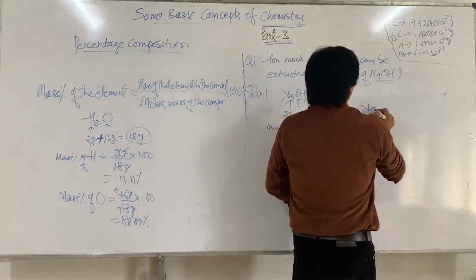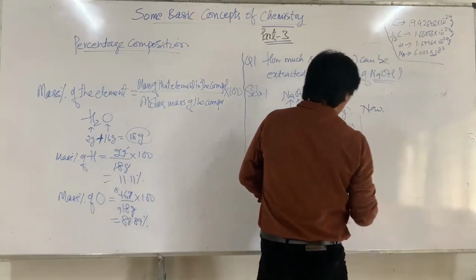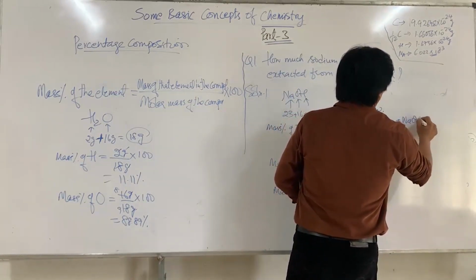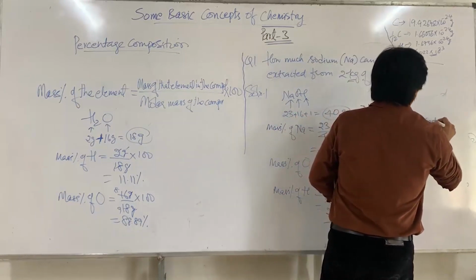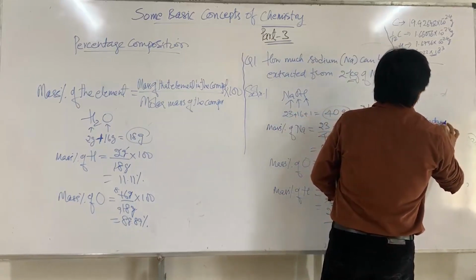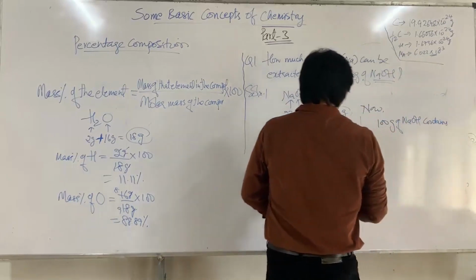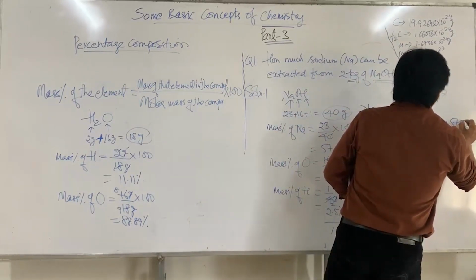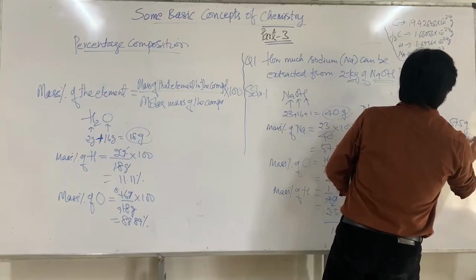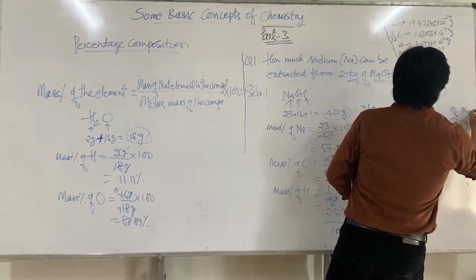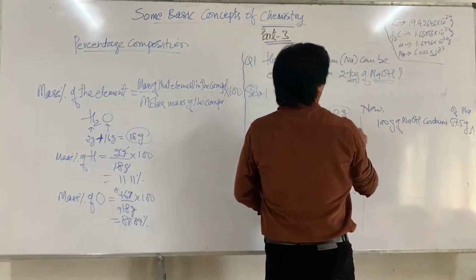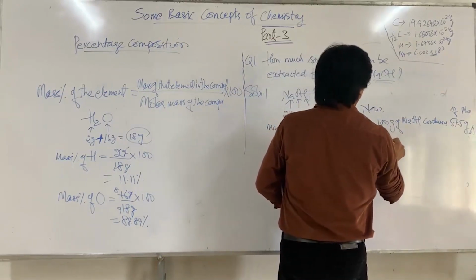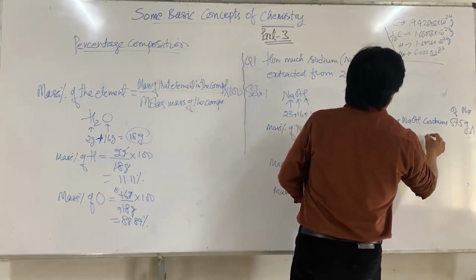So 100 grams of sodium hydroxide contains 57.5 grams of sodium.